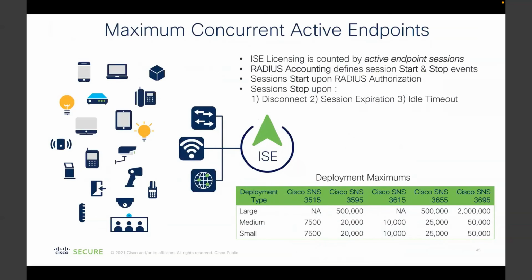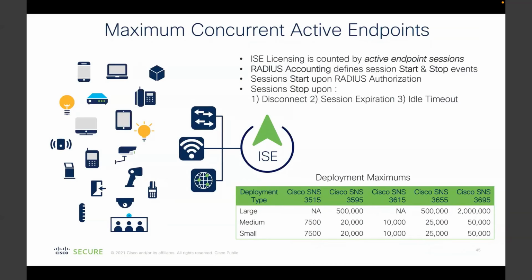And the way it does accounting is basically whenever a session starts with a user or device being authenticated and authorized, that triggers a RADIUS accounting start event. That's the start of a session.